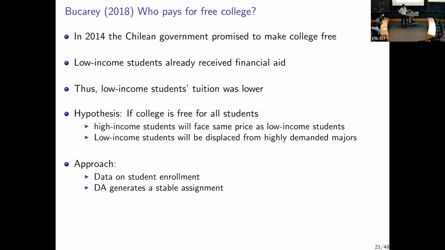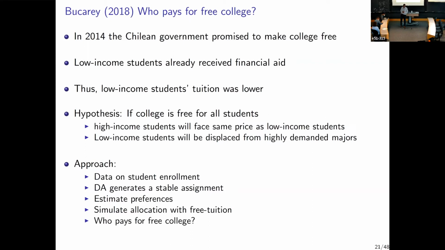But the system runs DA, so we can assume that basically the allocation is stable. Alonso is going to use this approach to estimate preferences for colleges. And then we can simulate counterfactually what would happen if every single school charged a tuition of 0, and ask the question that the title of his paper is talking about: who pays for free college? That is, who ends up bearing the cost of having free college for all.